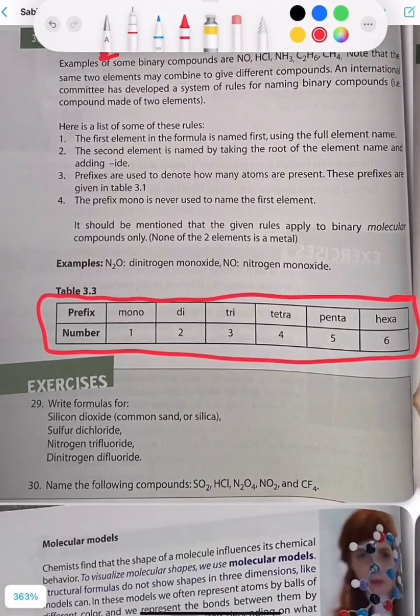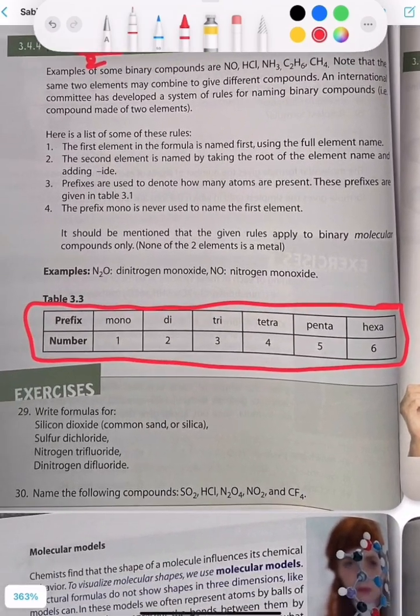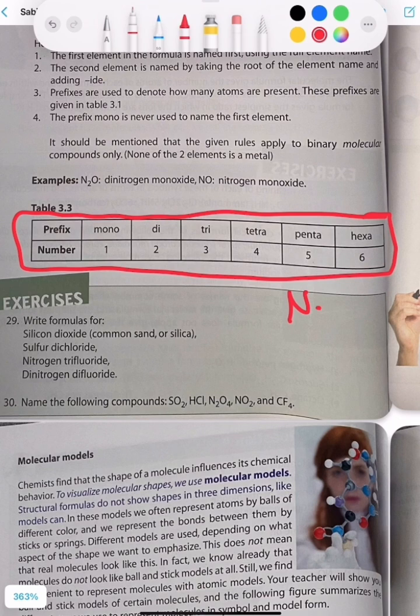Let's take an example. For example, let's say we have N2O. Look, number first, then the name of the element, number first, then the name of the element. Okay, the first element, do not change its name. The second element, you do change it.